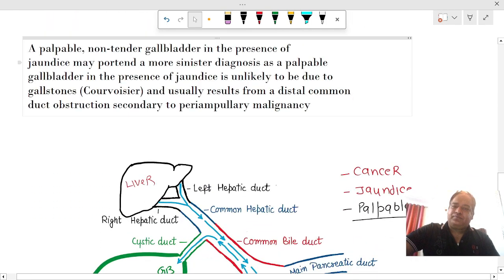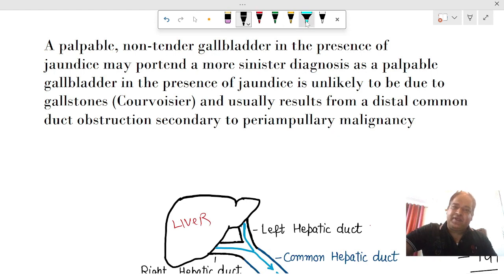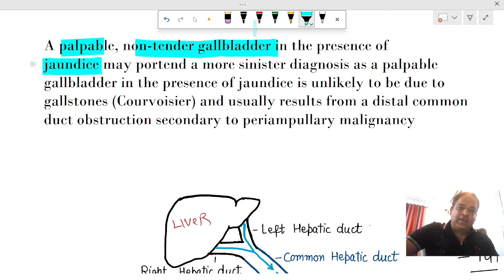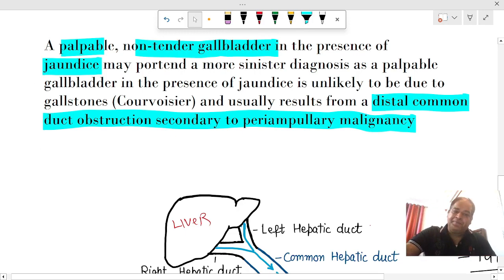So, again, that's the Love and Bailey saying that if there is a palpable, non tender gallbladder plus jaundice, fine, the diagnosis is due to common duct obstruction caused by periampullary malignancy and not by stone, right?